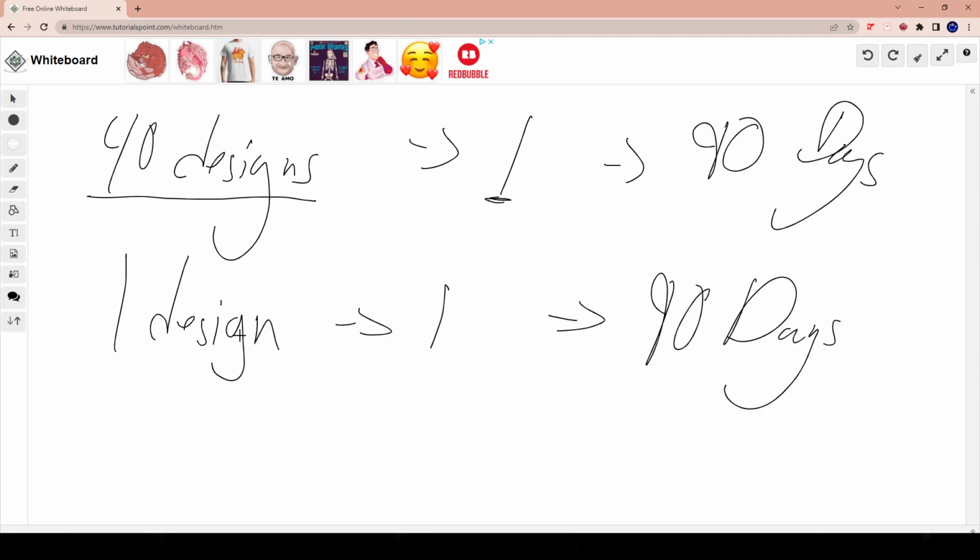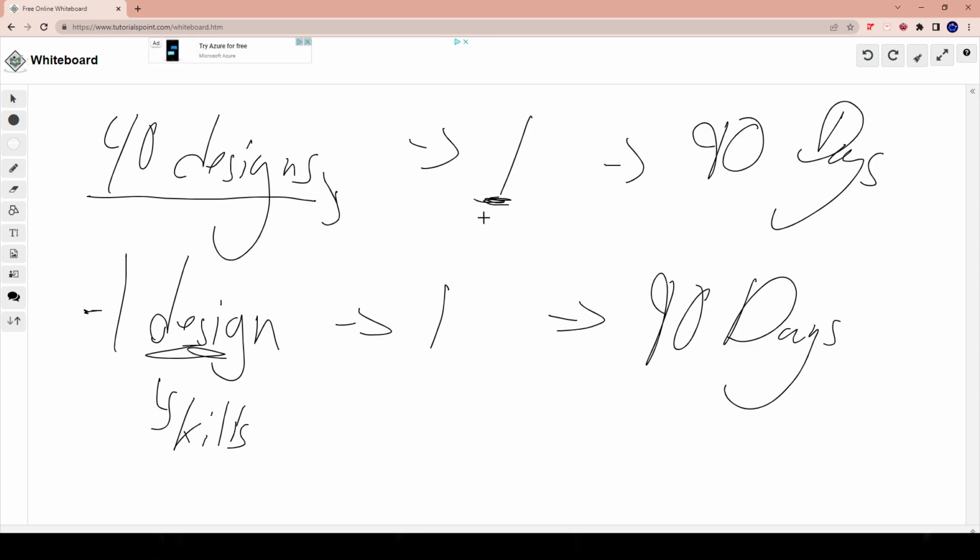Well, maybe we can assess, study, and analyze the characteristics of that one specific design to see what we can do to replicate it. And this is where skills come into play, right? Where we can lower the number of designs that we produce, the workload, to reach these results faster.